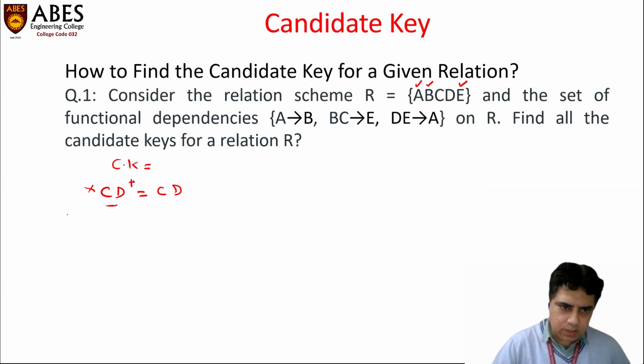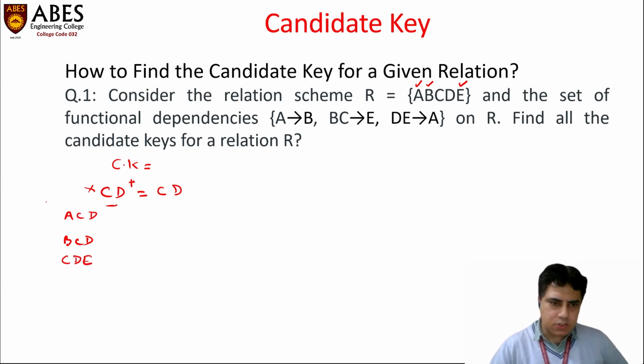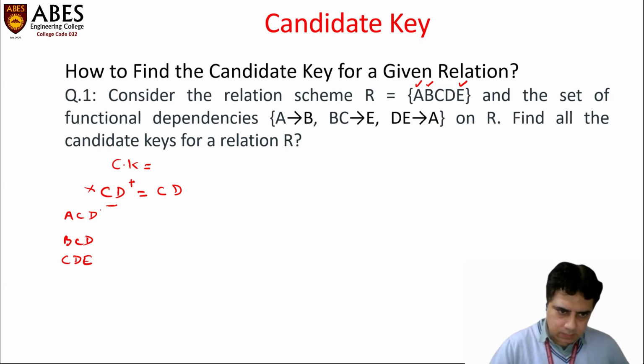So let us pair with this CD attribute. The combinations are ACD, BCD, CDE. There is no more combination with the CD in the pair of 3.